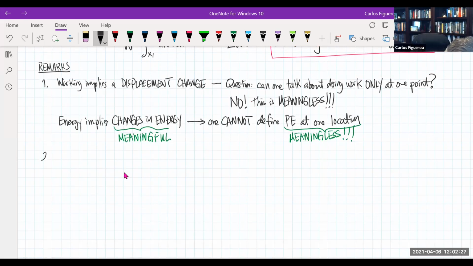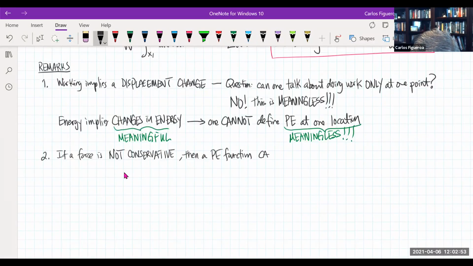So 2. If a force is not conservative, then a potential energy function cannot be defined.